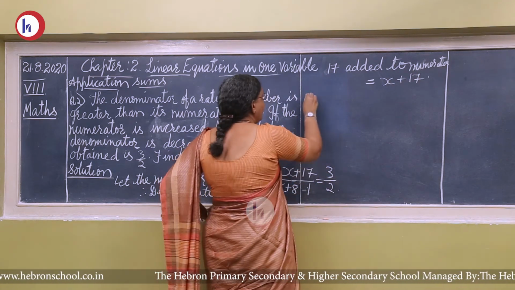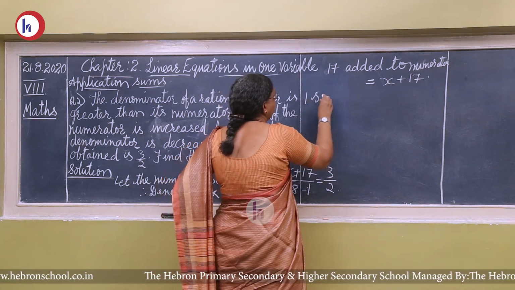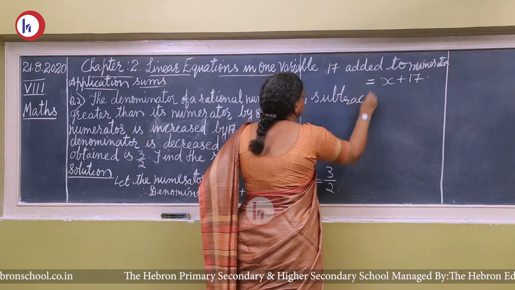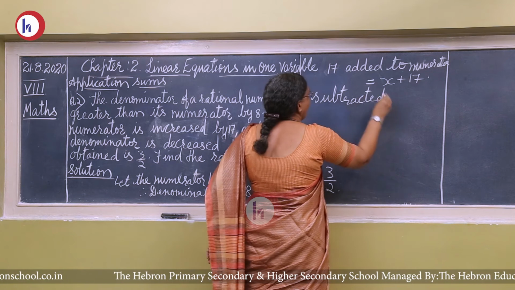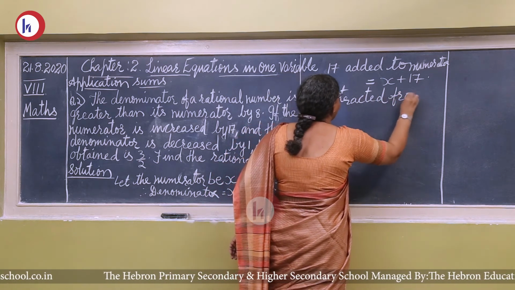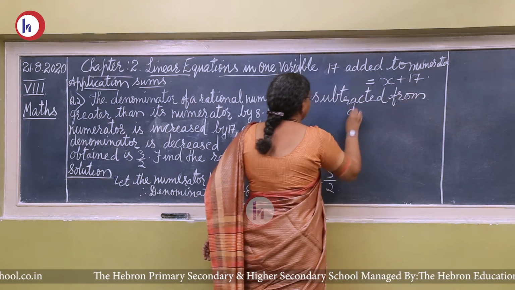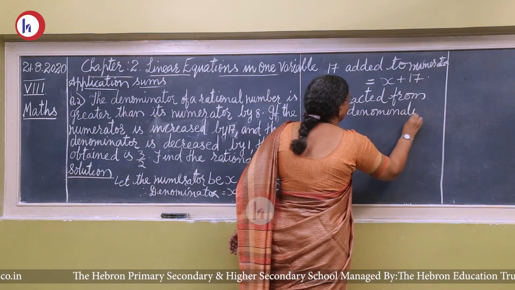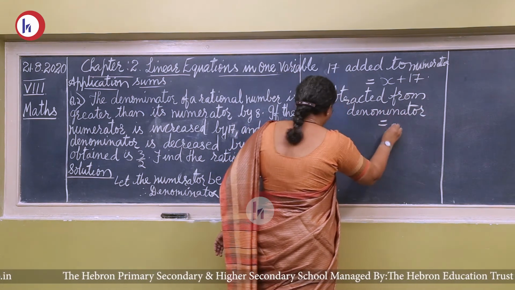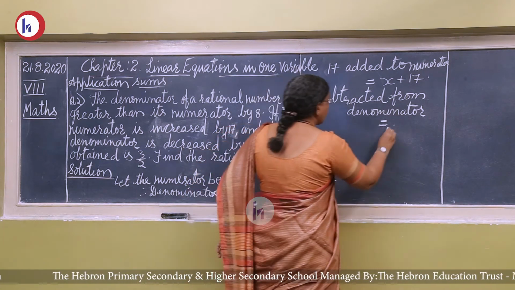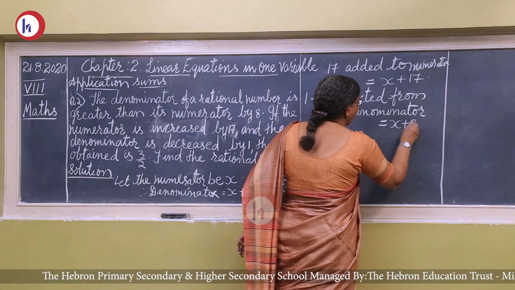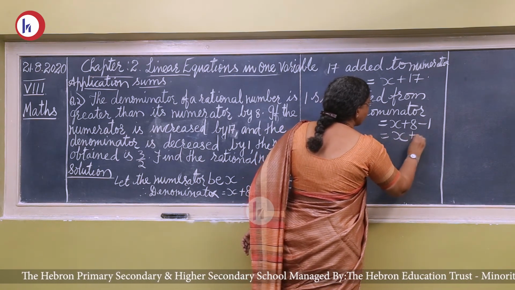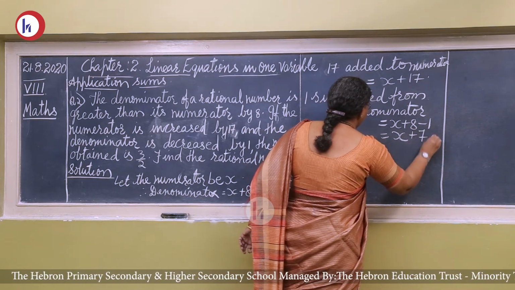Therefore, 1 is subtracted from the denominator. The denominator x plus 8, minus 1, is x plus 7.